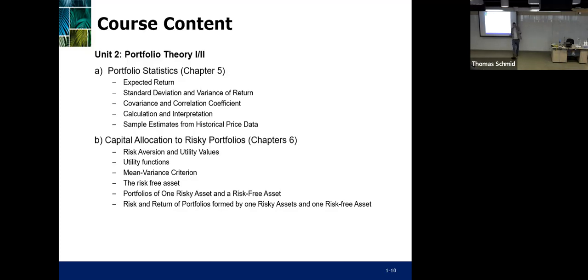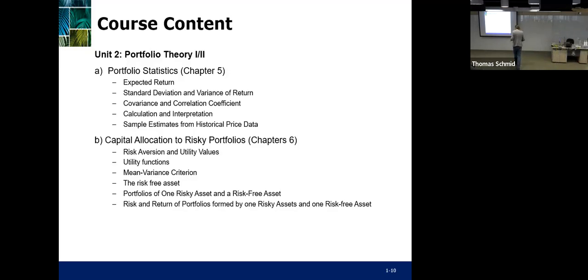So in our model world, we will only have two assets, two possible investments, a risky one and a risk-free one. And we will try to answer the question how much you optimally invest in the risky asset and how much you optimally invest in the risk-free asset.